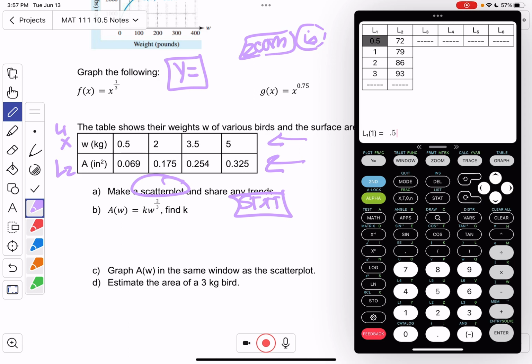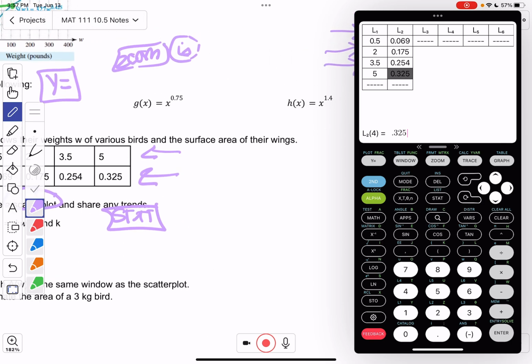So I'm going to type 0.5, 2, 3.5, 5. And over here in L2, I'm going to type 0.069, 0.175, 0.254, 0.325.